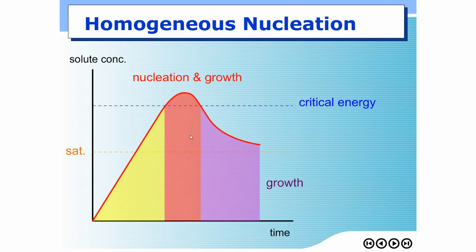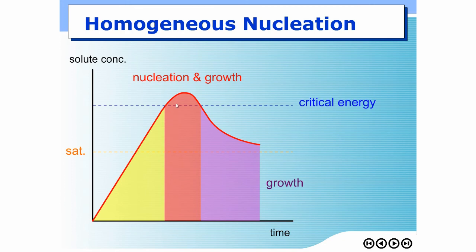The nuclei that are formed earlier would grow first. The nuclei that formed later would grow next to it, right? So that would end up with particles of different sizes. The size will not be uniform if this area is large.